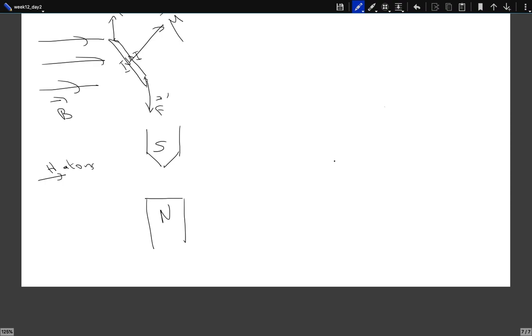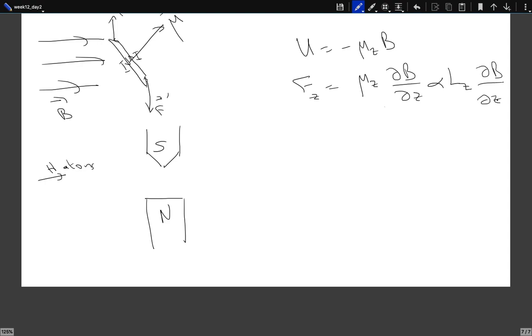Well, you see the force will also depend on the z component of the magnetic dipole moment in the direction of B. The potential energy is minus mu z times B. So the z component of the force will be given by this expression, more or less: mu z, which is, let's say, Lz, times del B by del z.